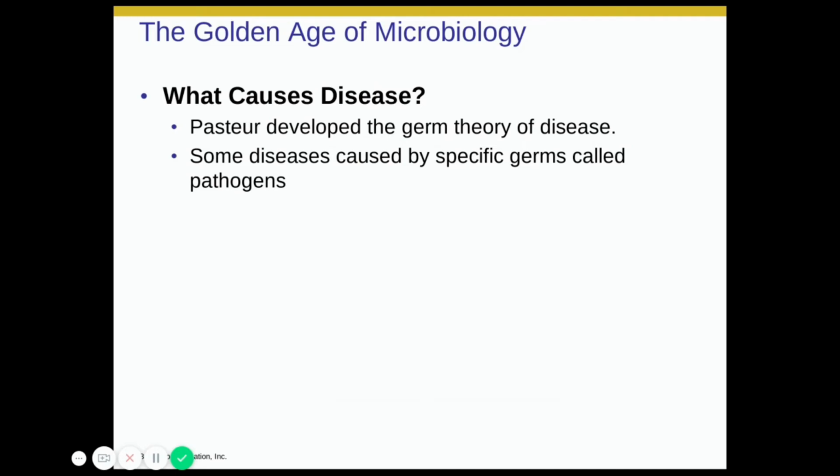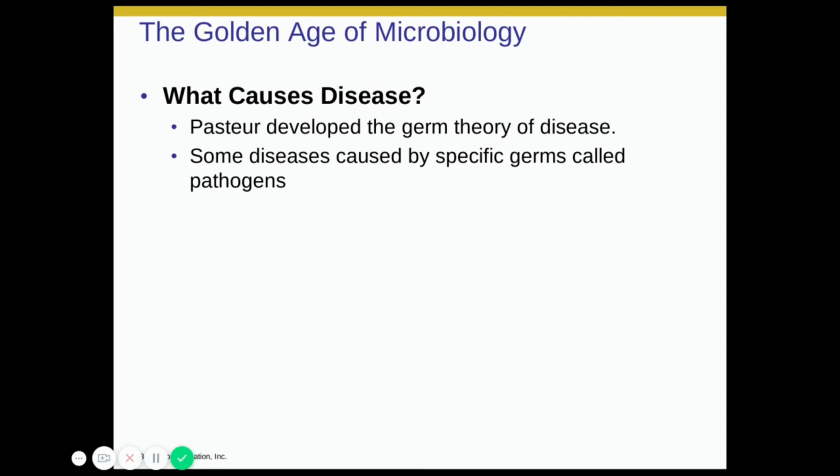So now that we have this idea that fermentation can be caused by yeast, well, if yeast can cause fermentation, what else could microbes cause? Could they cause disease? Thinking about that helps us develop this whole germ theory, that a lot of the diseases that we are accustomed to are caused by germs, microbes.